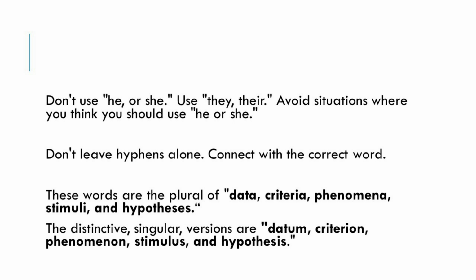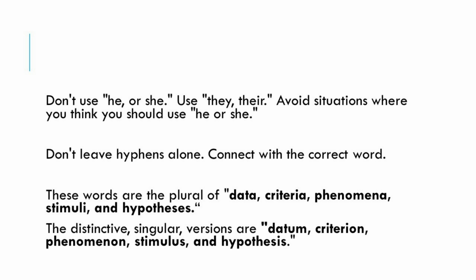All right, so these words are plural: data, criteria, phenomena, stimuli, and hypotheses. Anytime you're using these words, you're talking about multiple facts or multiple things. So data refers to a lot of data, not just one single piece of data.